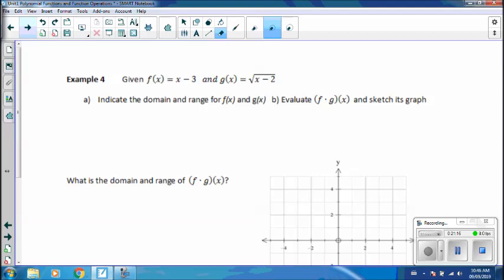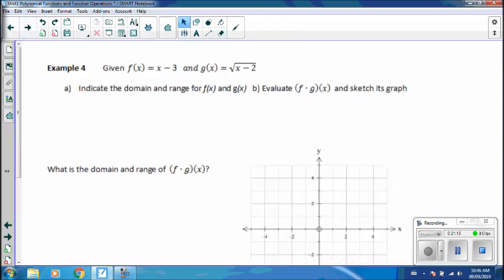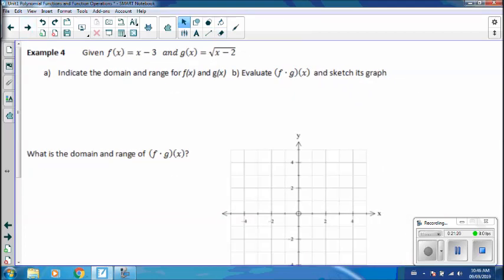Here, another problem in which we're given two functions. So f of x is a linear function, g of x is a radical function, and we're going to look at the domain and range for f of x and g of x, and then evaluate this and sketch the graph.